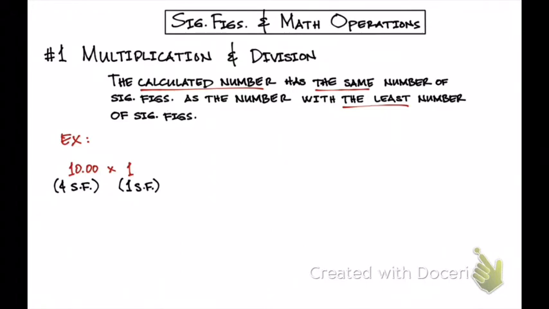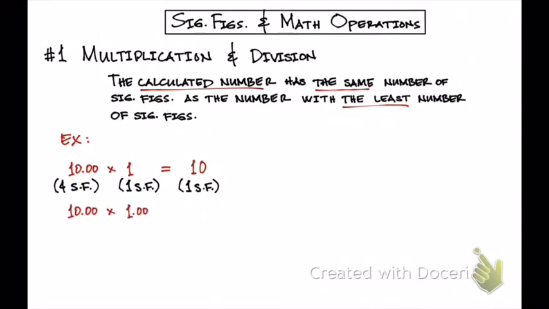And so your calculated number should have the same number of sig figs as the one with the least number of significant digits. So in this case, the answer should only contain 1 significant digit. In that case, 10. So 10 contains 1 sig fig, which is the same as the number with the least number of sig figs. So you would report your calculated answer as 10.